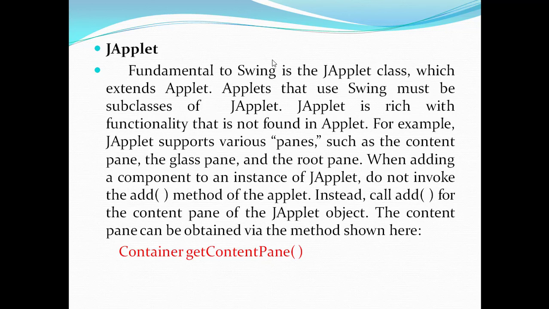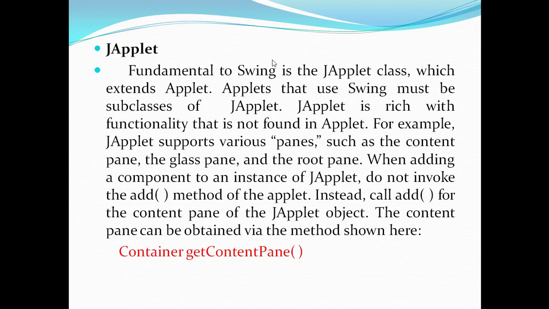When adding a component to an instance of JApplet, do not invoke the add method of Applet. Instead, call the add method for the content pane of the JApplet object. This is done using the syntax: Container getContentPane().